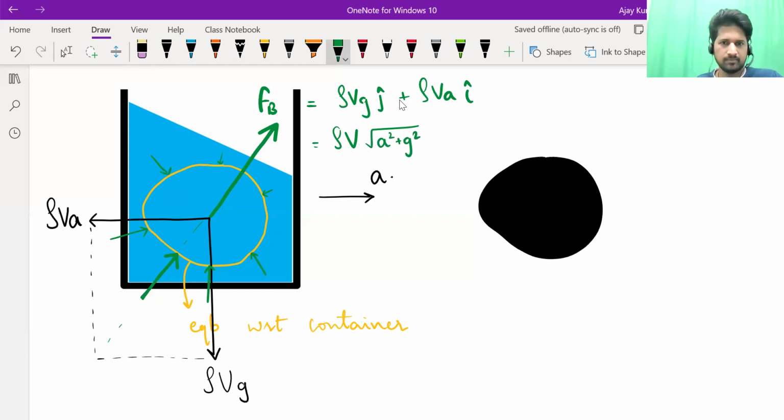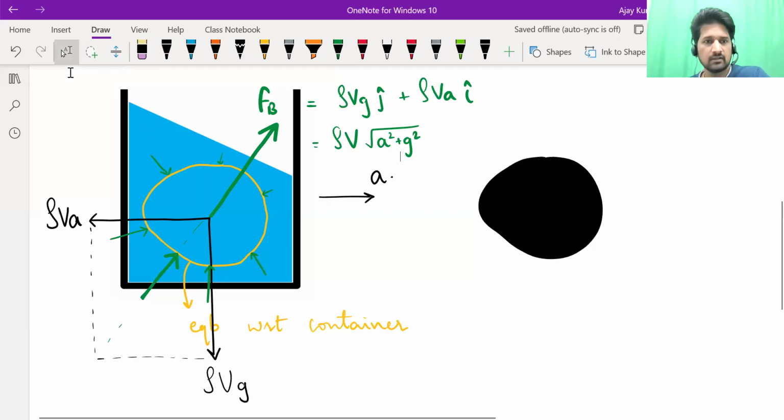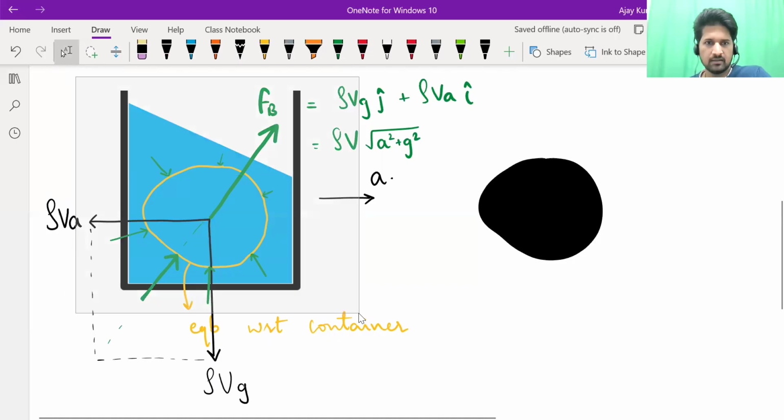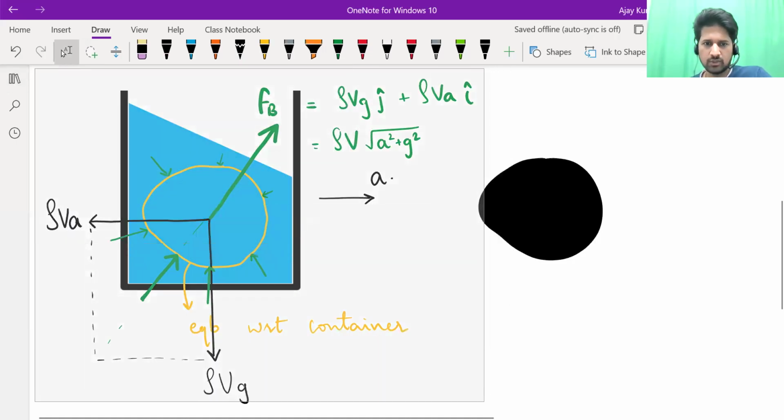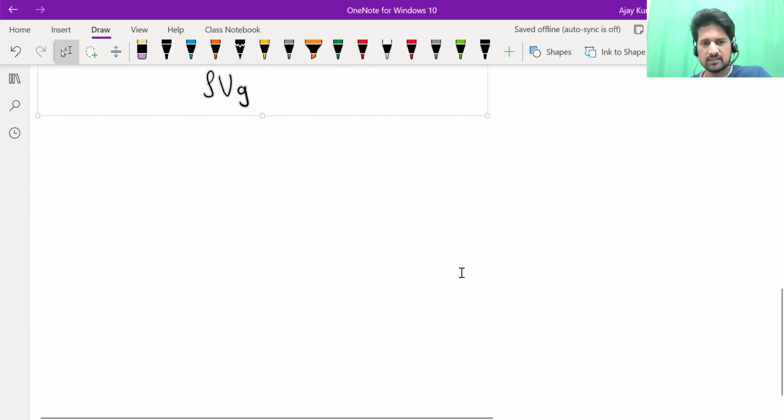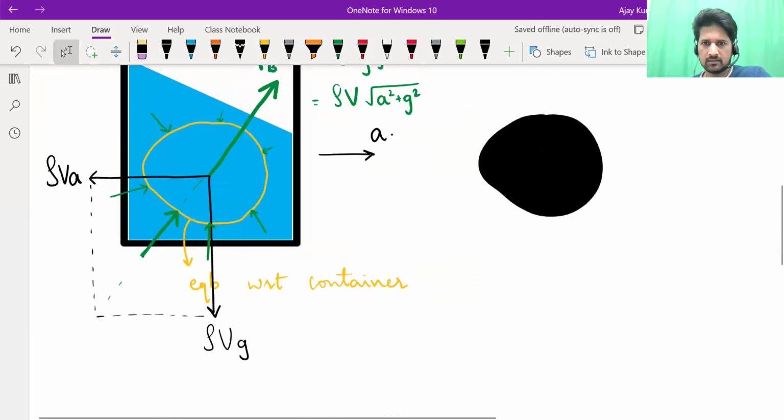Now, if that space is filled with some other material, irrespective of what material it is filled with, the pressure distribution is going to be the same. If the pressure distribution is the same, the resulting buoyant force will be the same. So how much is the buoyant force acting if some other object is present there?